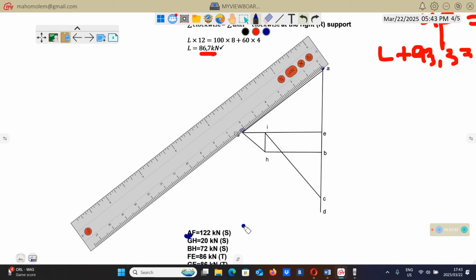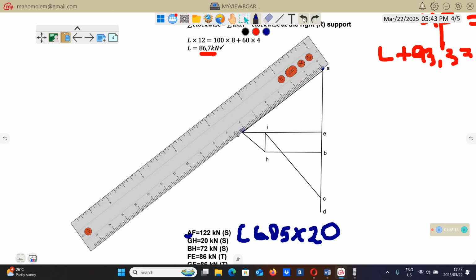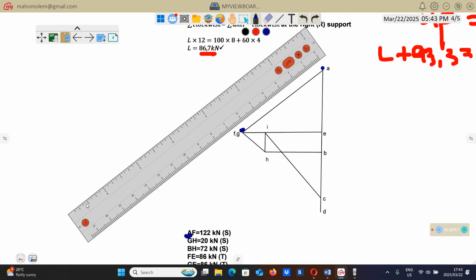So this 122 here, you will get it from maybe saying 6.05 multiplied by your scale 20, then you'll get that 122 maybe. So that's what you must do. You repeat this thing throughout.